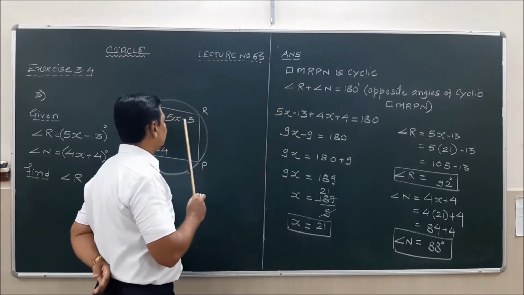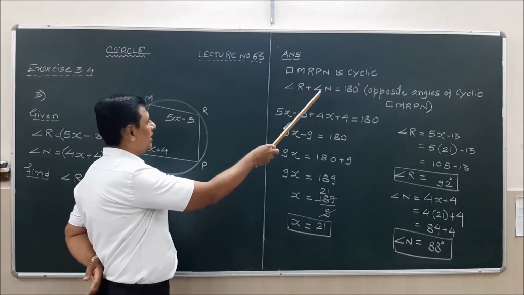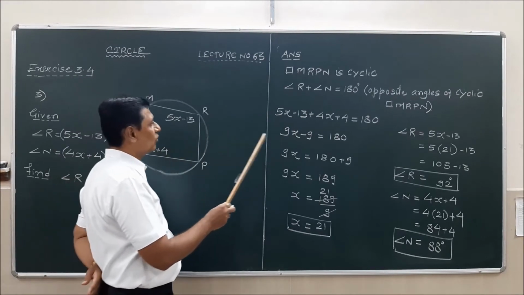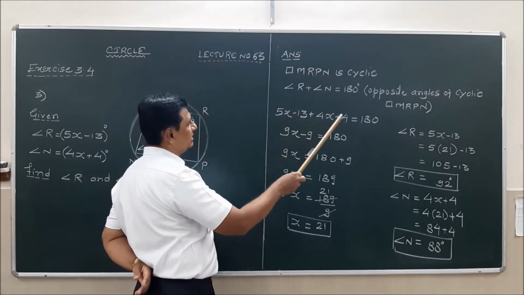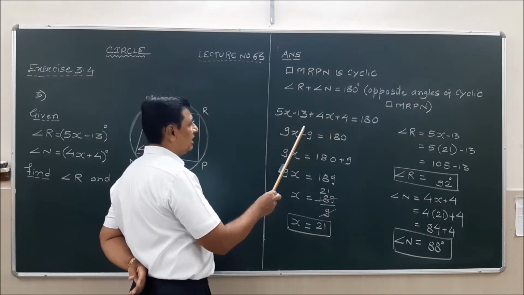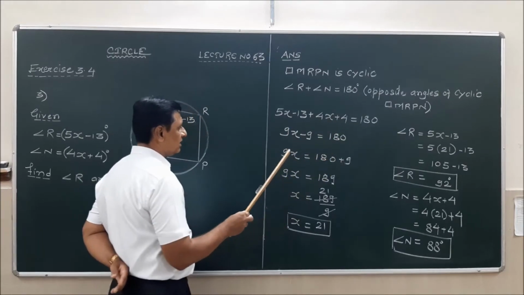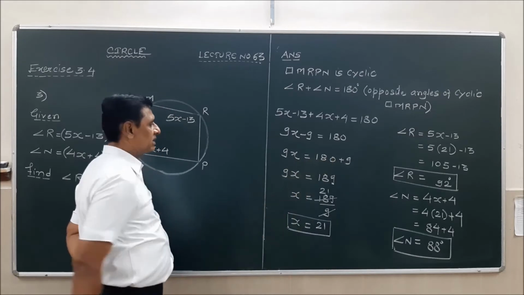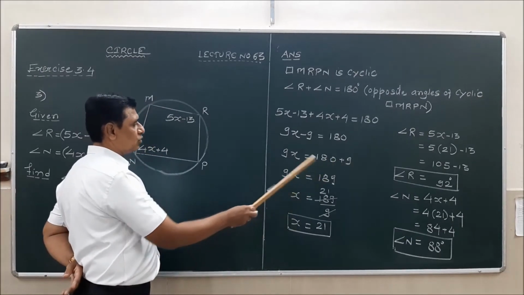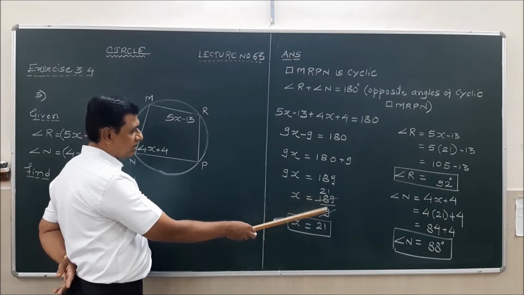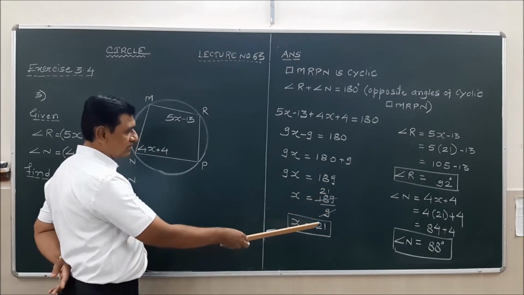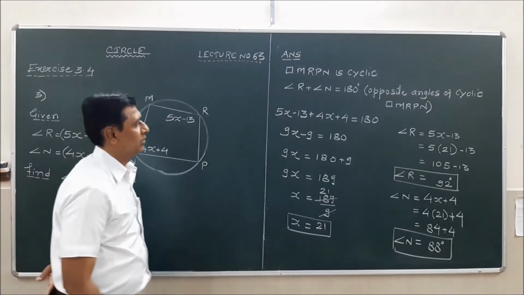So 5x minus 13 plus 4x plus 4. 5x plus 4x is 9x, minus 13 plus 4 is minus 9. If I transfer this to the right hand side, 9x is equal to 180 plus 9. 9x is equal to 189. x is equal to 189 upon 9. x is equal to 21.